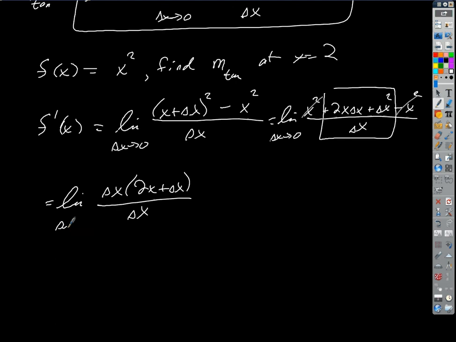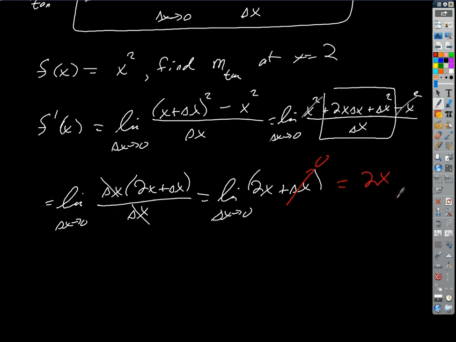As delta x approaches 0, I can vertically cancel the delta x's, so they cancel to 1. And now if I take my limit, let's write this down one more time. So I've got the limit of 2x plus delta x as delta x goes to 0. That term goes away. So what do I get for my answer? 2x.